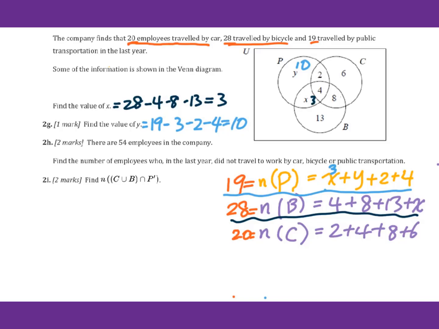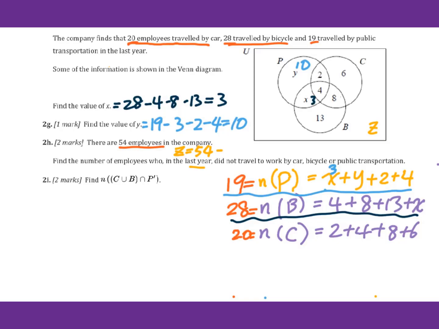Go to 2H. There are 54 employees in the company. Find the number of employees who in the last year didn't travel to work by car, bicycle, or public transportation. So basically, I'm looking for this Z. For the Z, you can use 54 minus all these numbers.